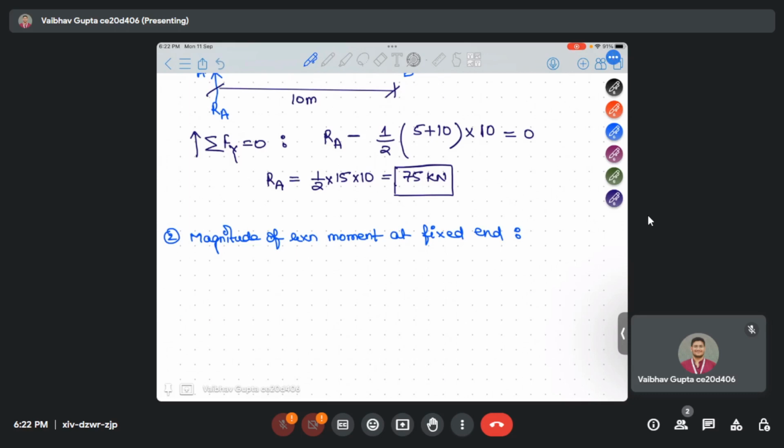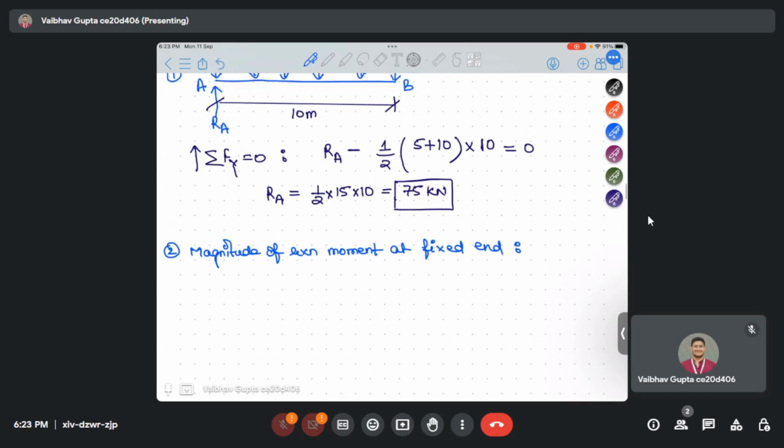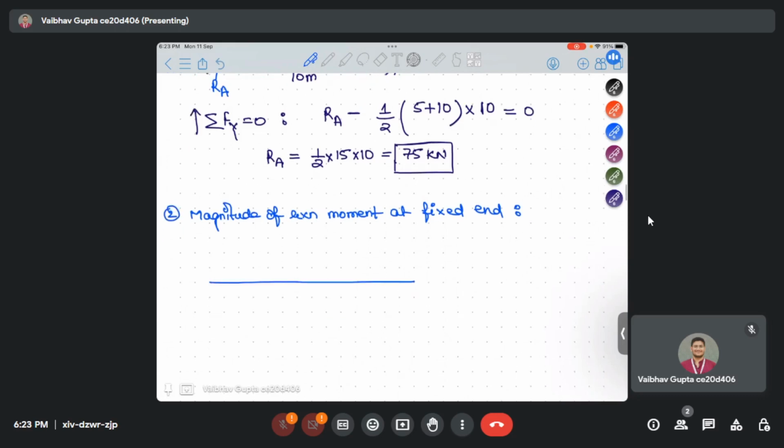Suppose I make a free body diagram here. In the trapezoid, the equivalent load acting is 75 kilonewton, RA 75 kilonewton. The moment is applied like this, suppose MA here.